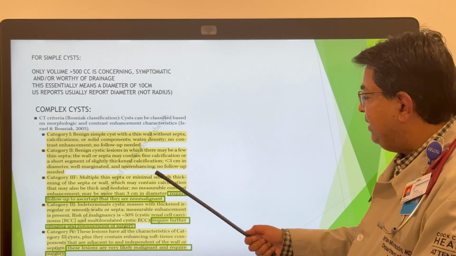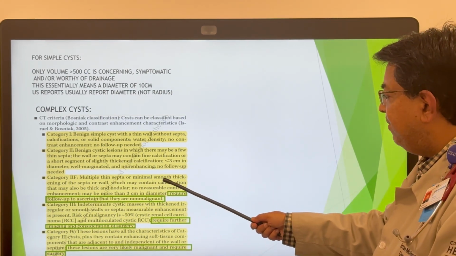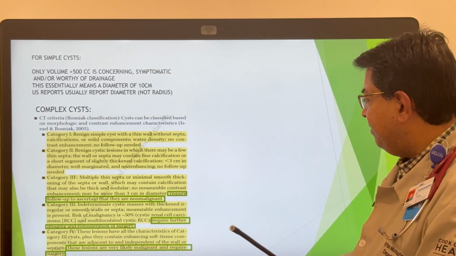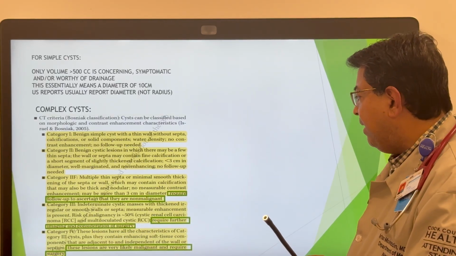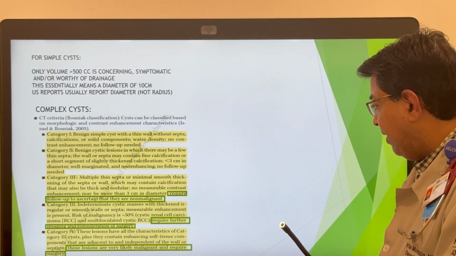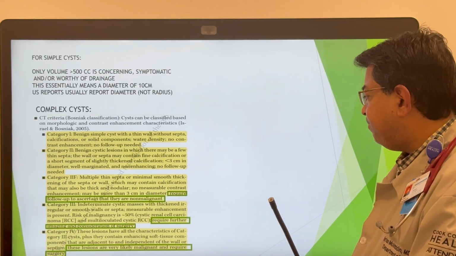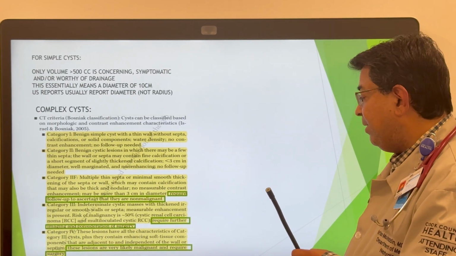So in category 2F, where you have thin septae or minimal smooth thickening of the septa or wall with possible calcifications that may be thick and nodular, you should do follow-up imaging to make sure that it's non-malignant.